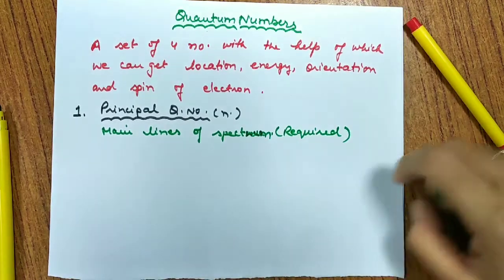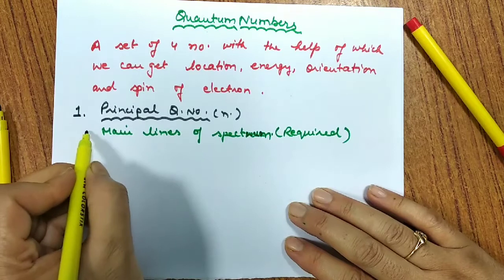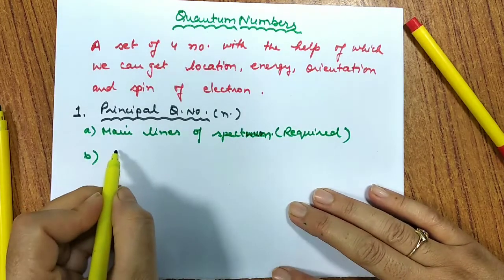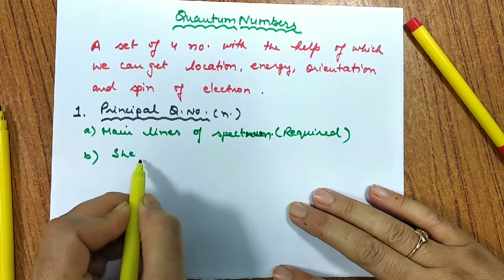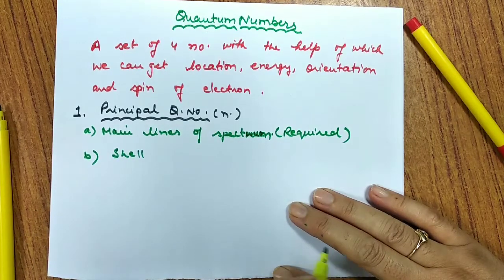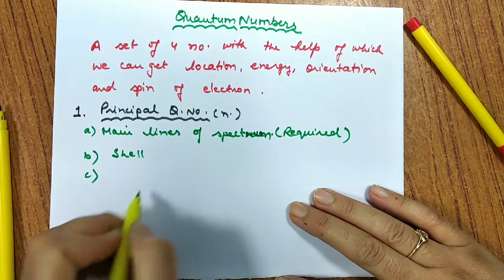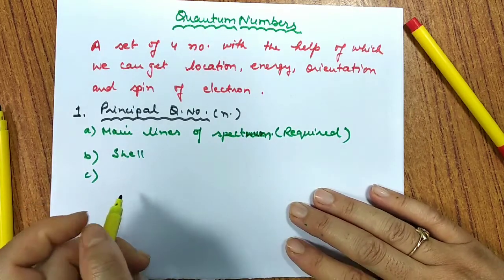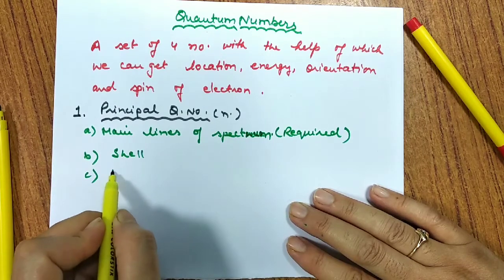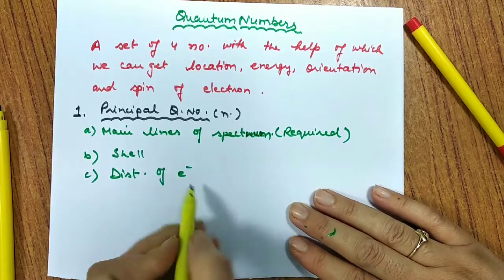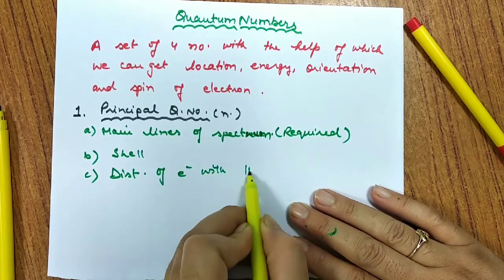Second thing is, it tells us about the shell, to which shell it belongs. It tells us about the shell in which the electron is present. Once we come to know the shell, from the shell we come to know the distance of the outermost electron from the nucleus.